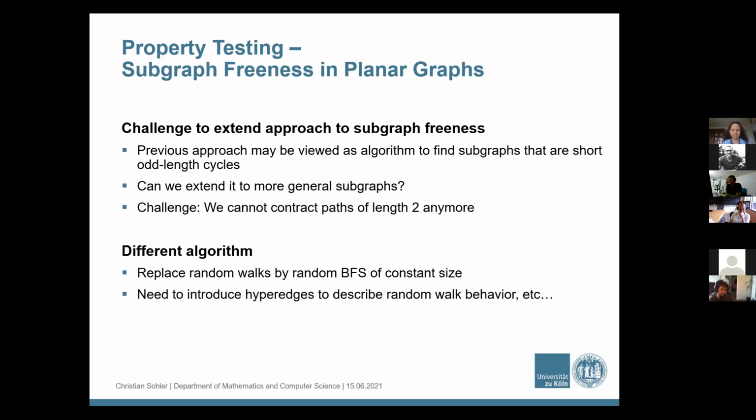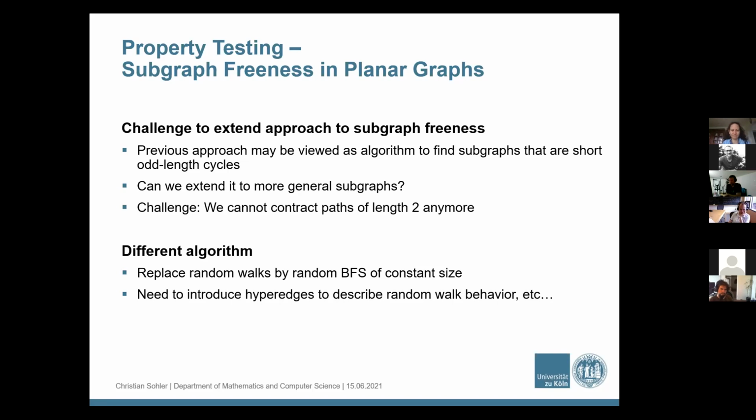Now, an interesting question is to try to extend this approach to subgraph freeness. And here the point is that one can essentially view this previous approach as an algorithm to find subgraphs that are short odd-length cycles. And the question is whether we can extend this to more general subgraphs.